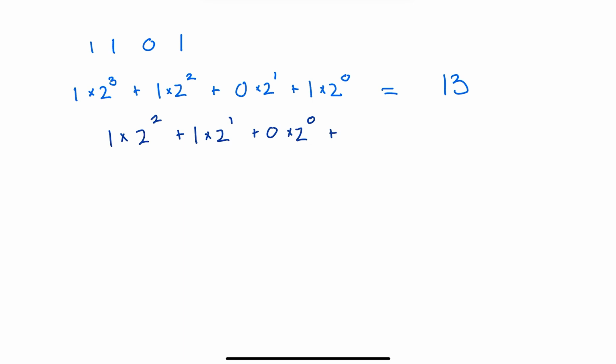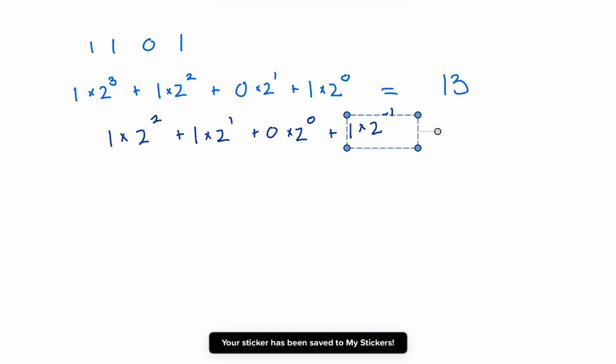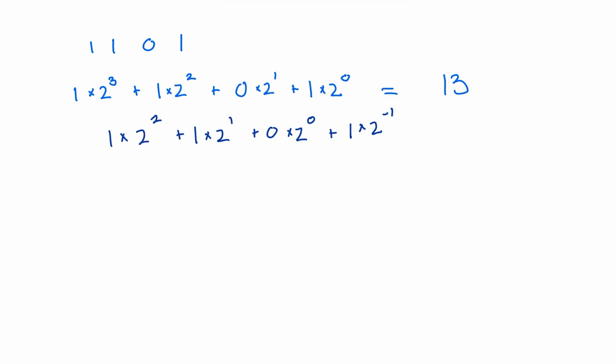And then when we get to here, we get 1 times 2 to the negative 1, which we could just write to make it simpler as 1/2. Right? So we have all this. Now, when we take the right side, dividing it by 2, we get 6.5.